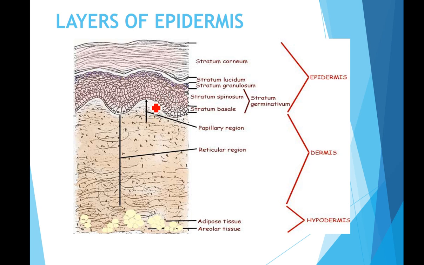And it causes both the epidermis and dermis to get attached to each other strongly. And we have the reticular layer that contains the dense irregular connective tissue. One difference between the papillary and the reticular region is also the consistency: the papillary region contains loose connective tissue, whereas the reticular region contains dense connective tissue.